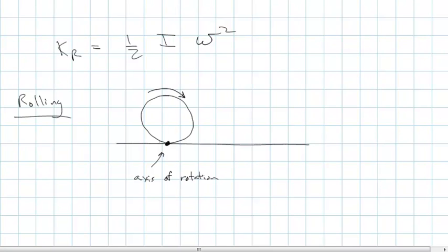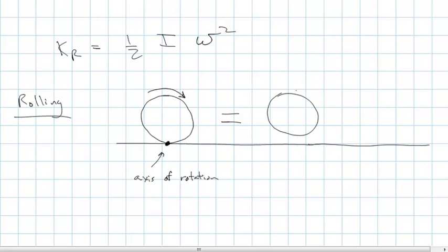It's not the end of the world, but it's not as easy as coming up with rotational inertia about its center point, for example. But the interesting thing is that when this object is rolling, when it's pivoting about the point that's in contact with the surface, that's equivalent to, that's identical to breaking this up and making two motions.